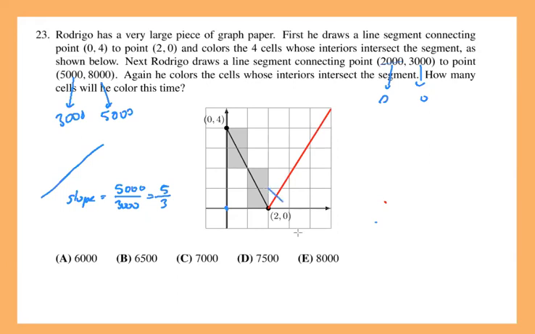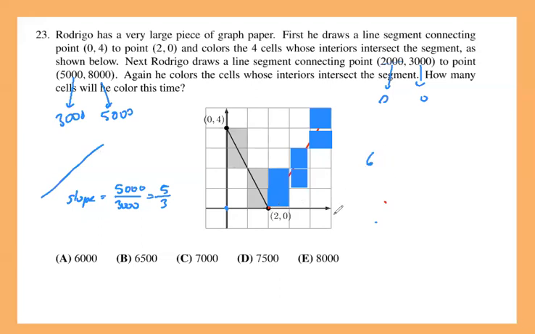Let me do that. This is 1, and this is 2, this is 3, 4 and 5, and this is 6. I have 6, which is not nice, but at least it tells us what's going on. So we will shade 6 of them.